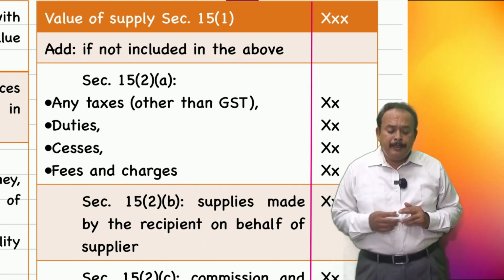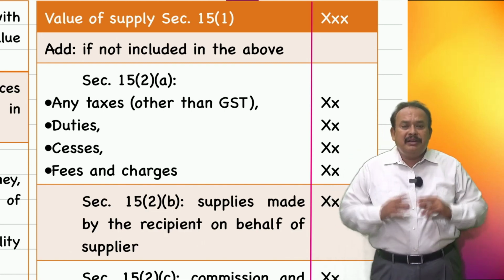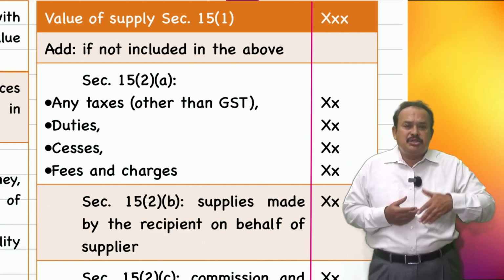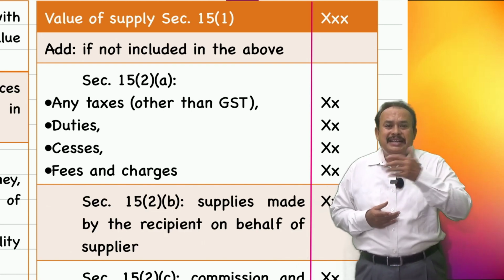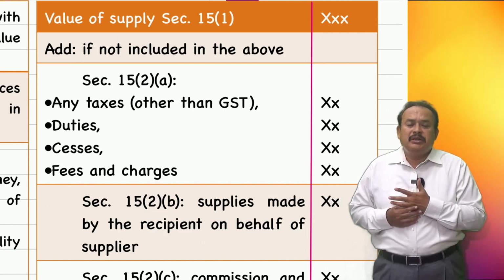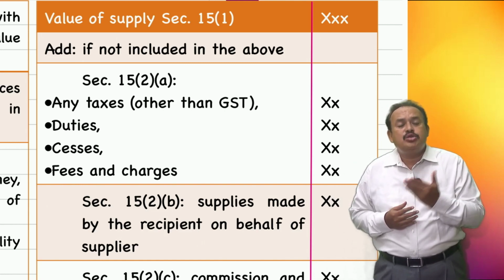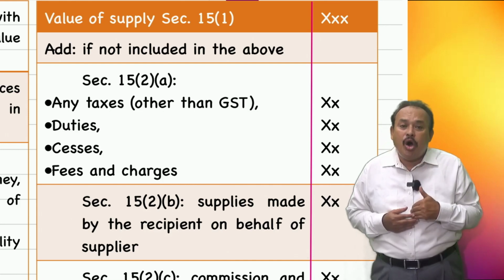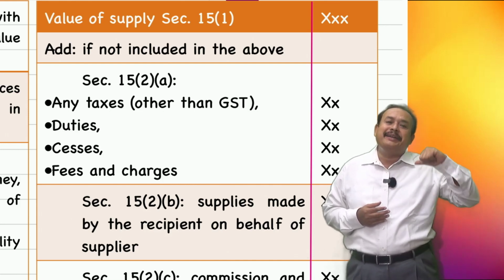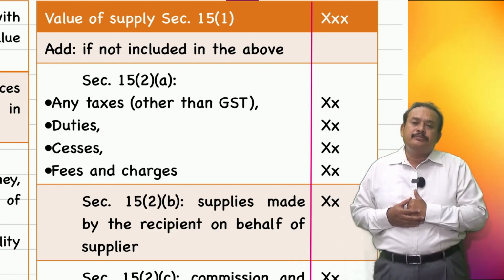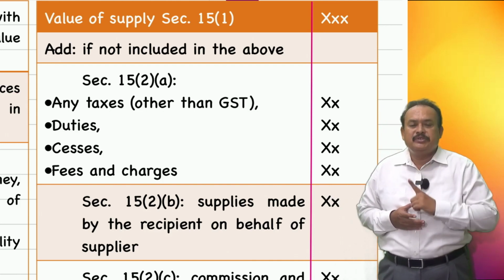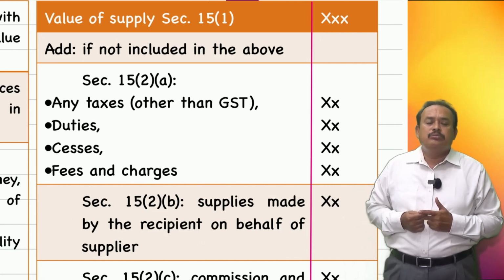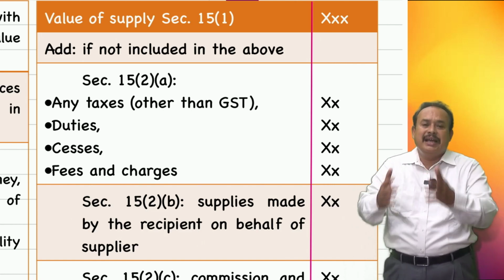Now, when a seller of a motor vehicle, a luxurious vehicle, where the TCS applies under section 206C of the Income Tax Act 1961, 1% TCS on the sale value. Sale value, let us say 10 lakhs.